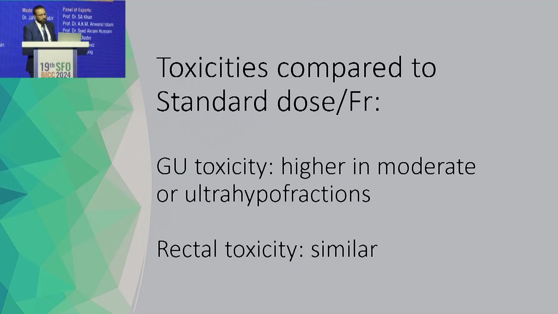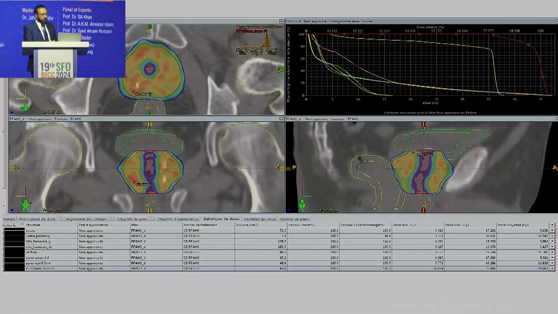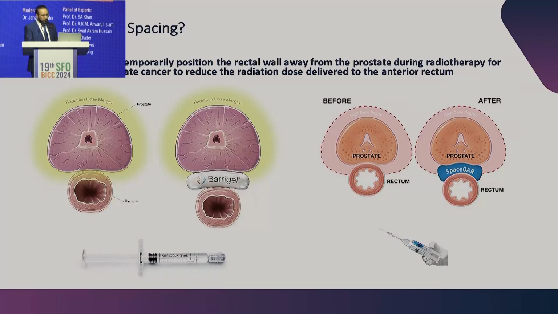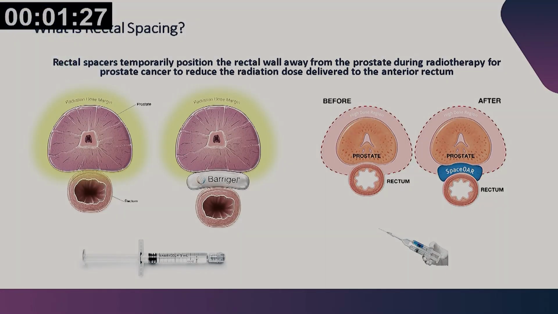One of the main toxicity challenges for moderate, or mainly ultra, hypofractionation is the urethra, and if you draw the urethra somehow by using a catheter or an MRI sequence, we can protect against those side effects. A rectal spacer is another option to save the rectum.